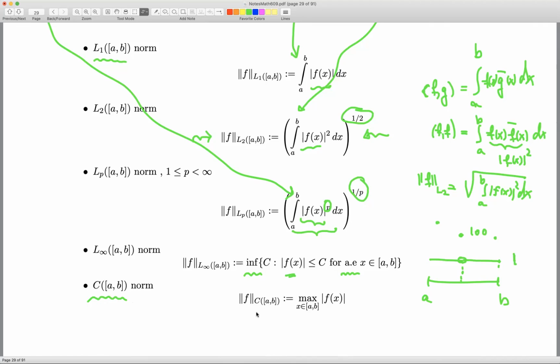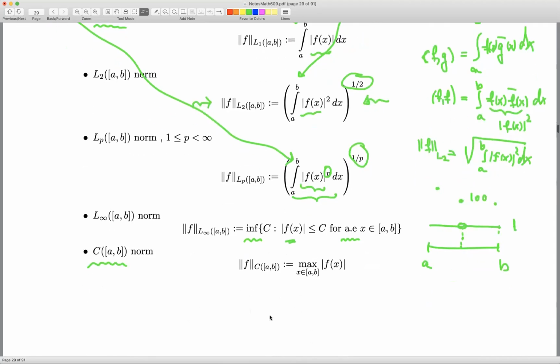So the infinity norm, the C norm, of a function f is the maximum of the absolute value of f of x when x belongs to the interval AB. We can associate this with the discrete case of a vector x, where the infinity norm of the vector x is the maximum of the absolute value of xi over all coordinates xi.